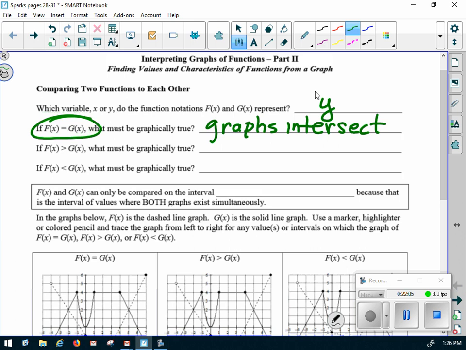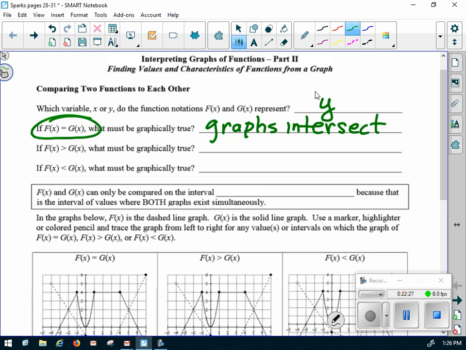If f of x is greater than g of x, what's true on a graph? What does f of x stand for? Y. What does g of x stand for?